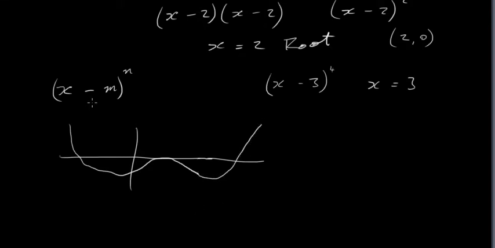So if x minus m to the power of n is a factor, and if n is even, if it's 2, 4, 6, 8, 10, then the graph of the polynomial touches the x-axis at m. x will be equal to m, that's our root.